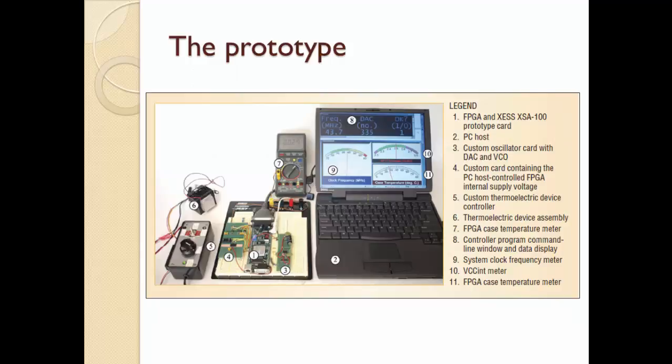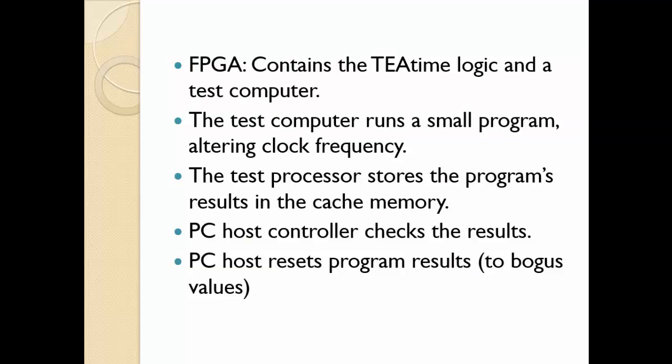The prototype. It is mainly composed of the FPGA, a test computer, and a custom oscillator card with DAC and VCO. The FPGA contains the Teatime logic and a test computer. The test computer executed a small program continuously during the experiments.